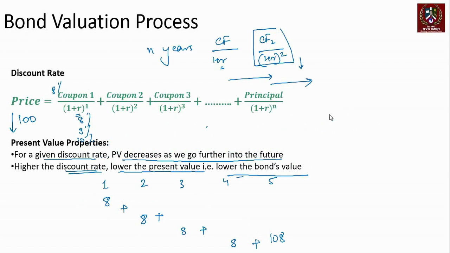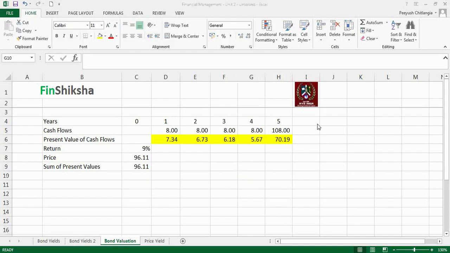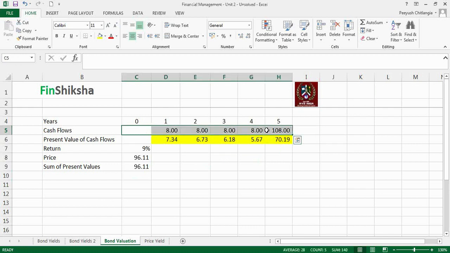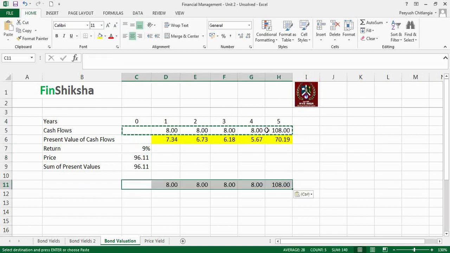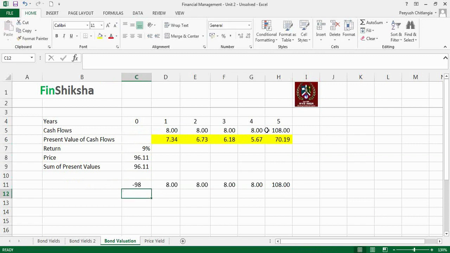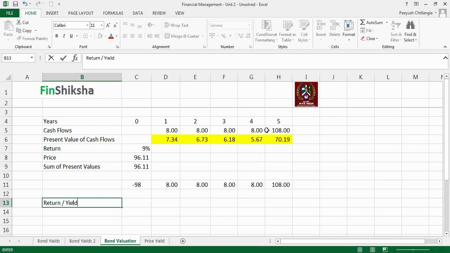I can also back calculate it and say if a price is available in the market, then how do I determine the interest? The back calculation of that would use the function IRR. So I will take all this set of cash flows, do a Control C and Control V, and let's assume I paid minus 98 for the bond, right? What is going to be my return, or yield?